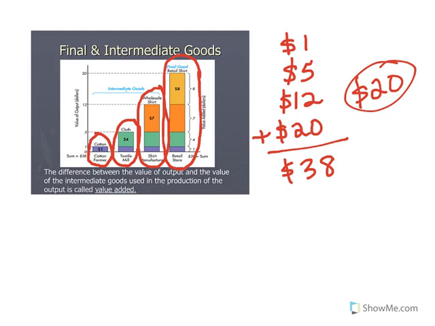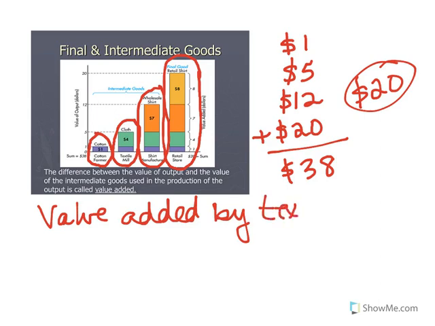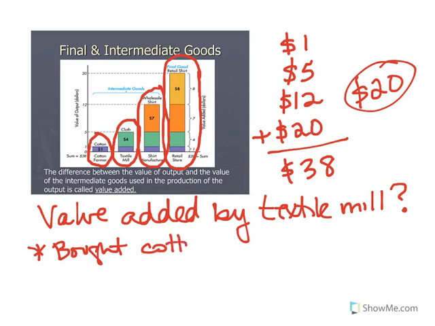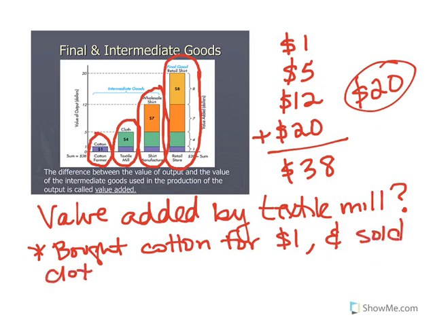You could do the same thing if I said, what is the value added by the textile mill? In other words, we see that the textile mill bought cotton for $1 and then sold the cloth for $5.